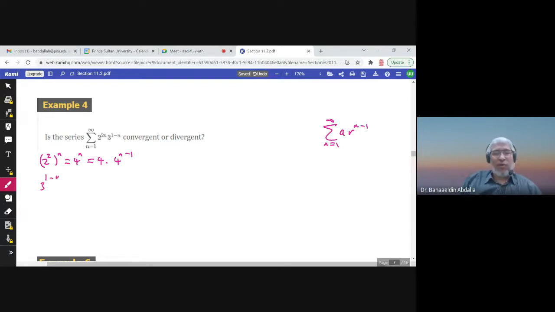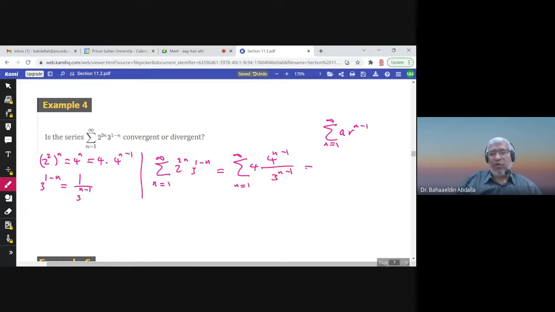3 to the power 1 minus n, I can take to the denominator and multiply the power by negative, so I get n minus 1. So in fact, the summation of 2 to the power 2n times 3 to the power 1 minus n can be written as 4 times 4 to the power n minus 1 over 3 to the power n minus 1.